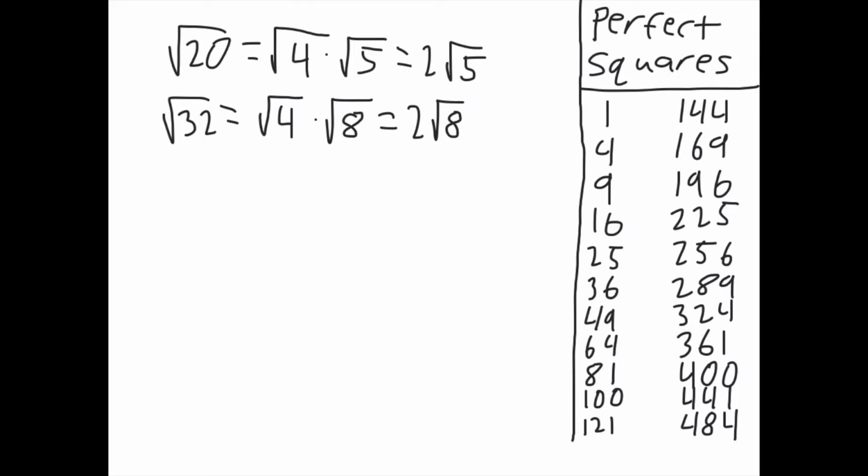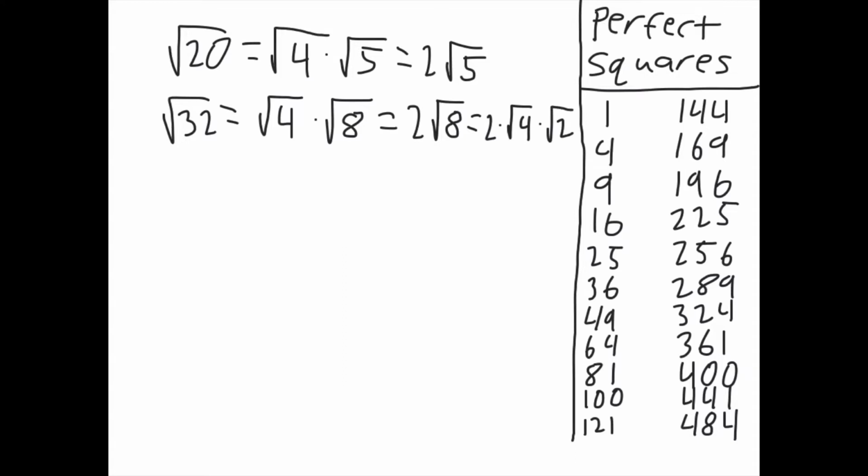Now you have to look. Is there a perfect square inside of 8? So again, 4. 8 divided by 4 is 2, so that works. So here's what you do. 2 times the square root of 4 times 8 divided by 4 is 2.